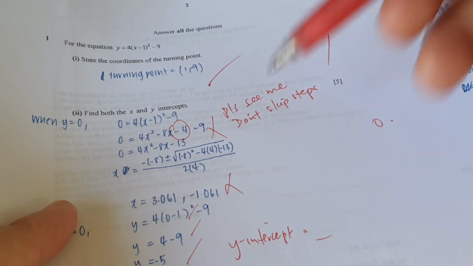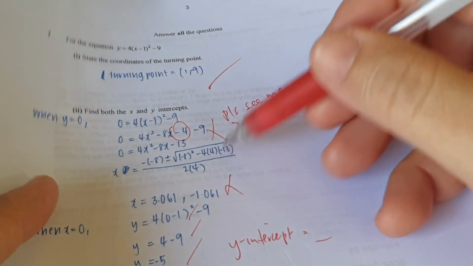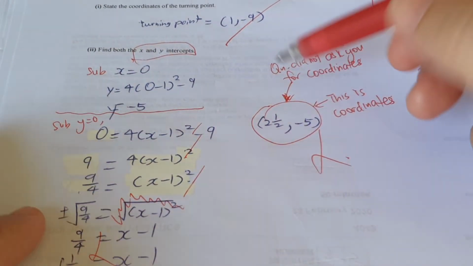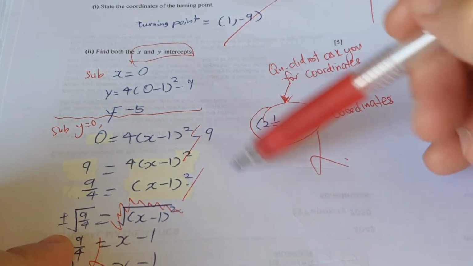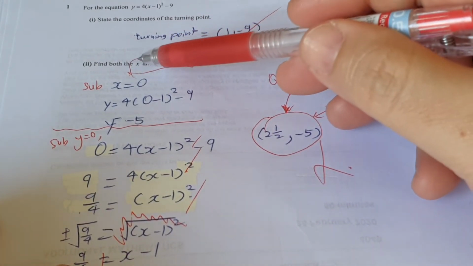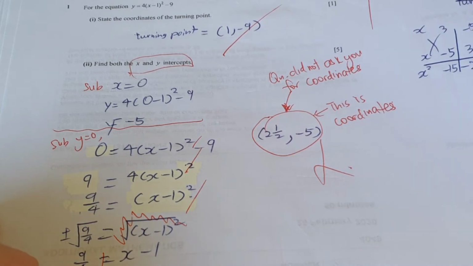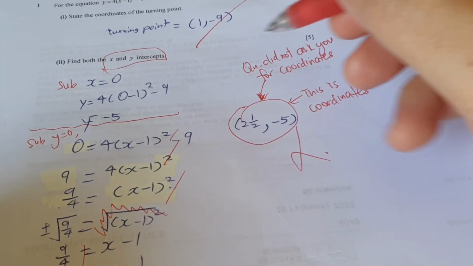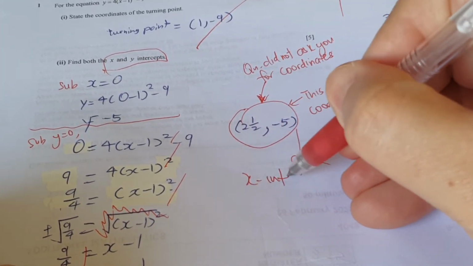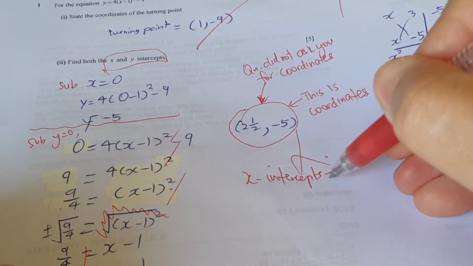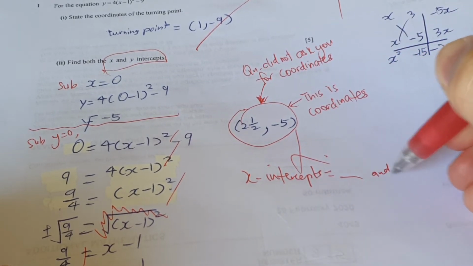The other thing is, for this question, they ask you to find the x-intercept, which is just a number. So it should just be x-intercept. What are the two values?